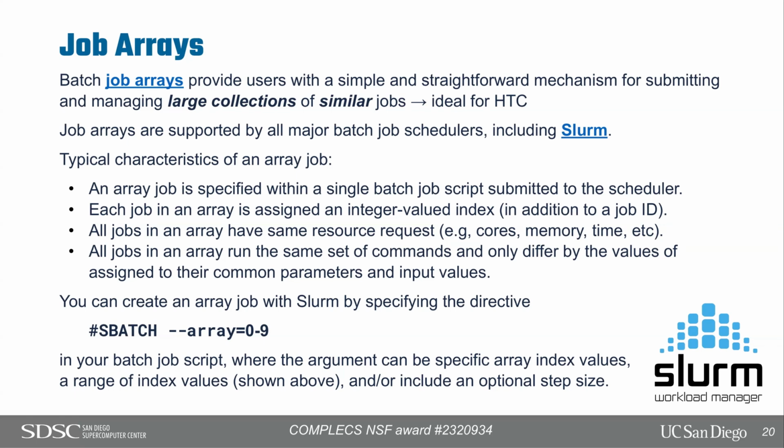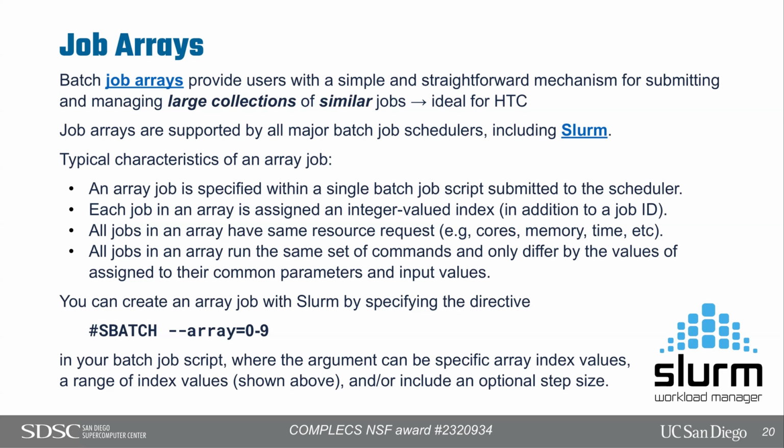But each system will vary depending on how the administrators have configured Slurm. There's usually a maximum array size, and in most cases there's a limit in the range of values you can put here. It doesn't make sense to put -1, so you can't put a negative number, right? On Expanse, I know you can't go above 1,000. I'm not sure if that's general to Slurm, but these values always have to be positive.